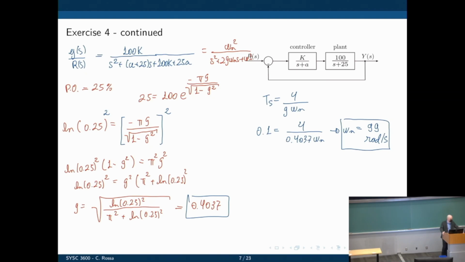Right, yes. So now that we have omega n and zeta, we have to specify A and K. We can just equate the values of the standard form with the function we have. So let's do that next if there are no questions here.